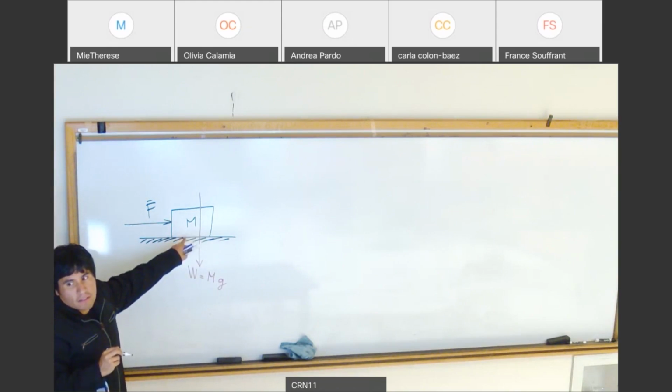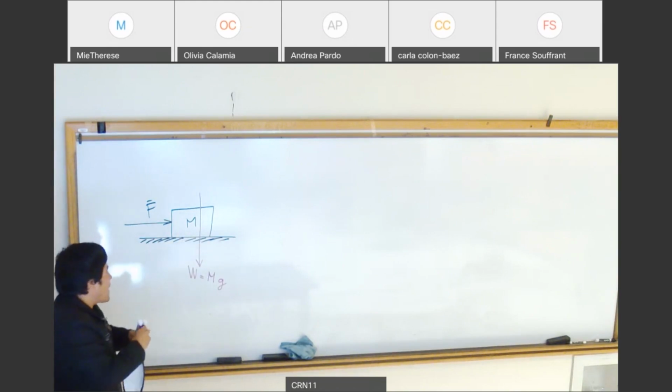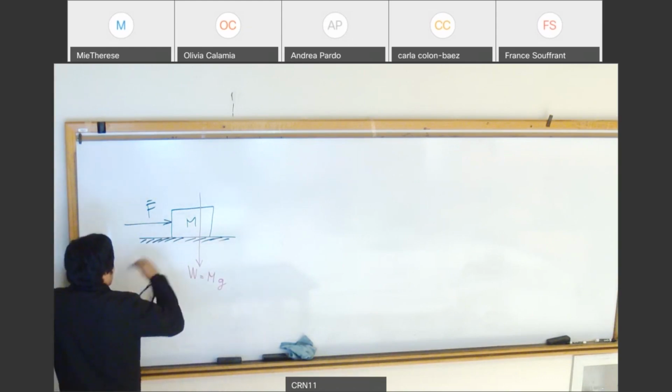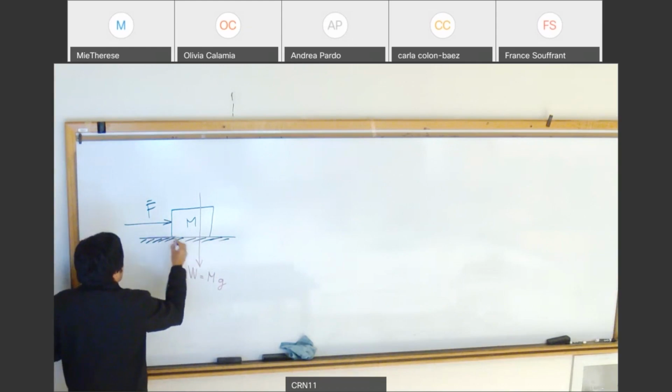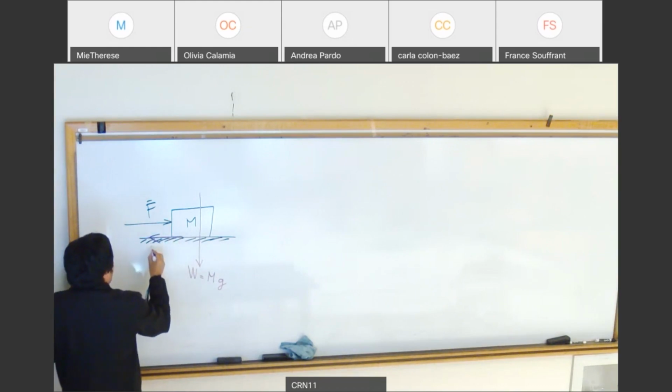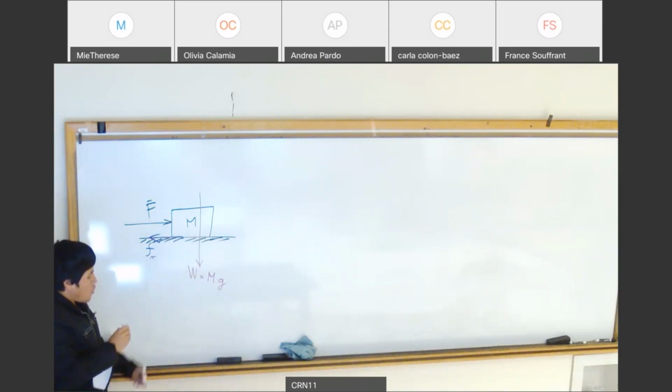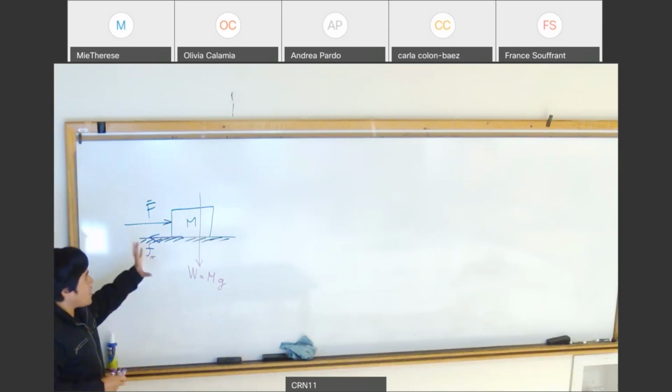There is a strong friction between the mass and the surface here. We call that little f or fr, just to label it as friction. So the friction opposes the motion that you're trying to give.